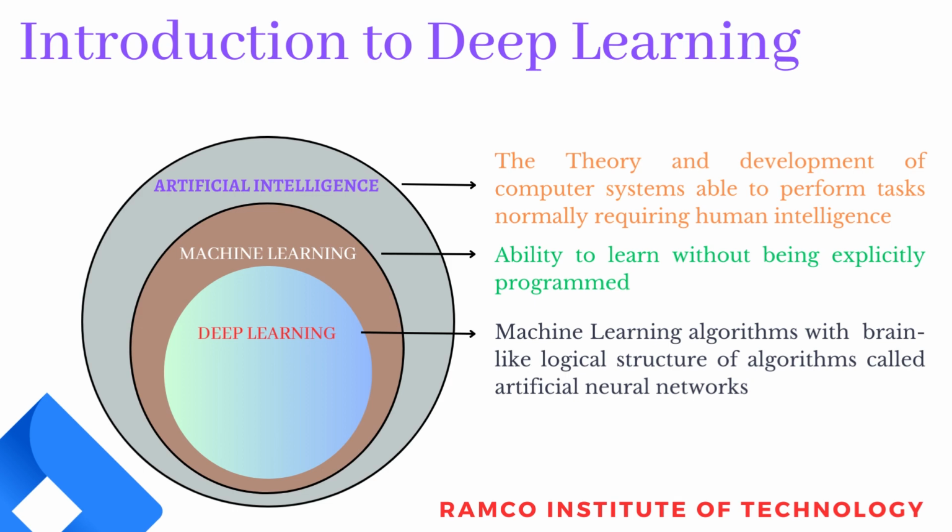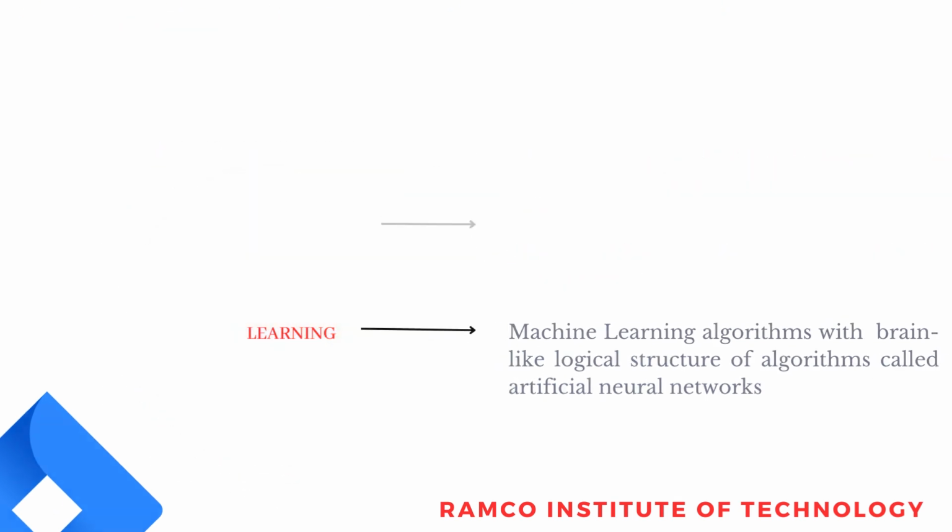Now, deep learning is machine learning with neural networks. Deep learning is used to complete complex tasks and train models using unstructured data. For example, deep learning is commonly used in image classification tasks like facial recognition.